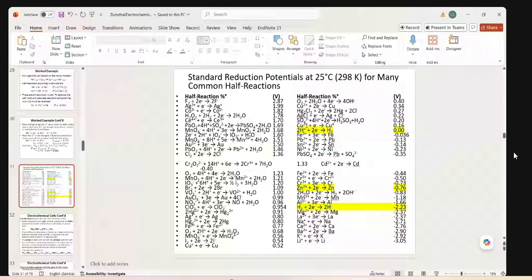Now, here, remember when I said that the amount of electricity that you get from the galvanic cell would depend on the nature of the reacting species, right?